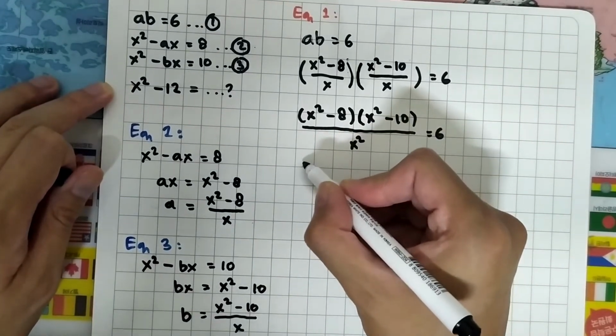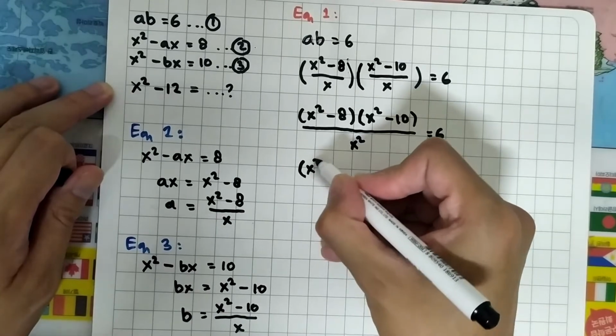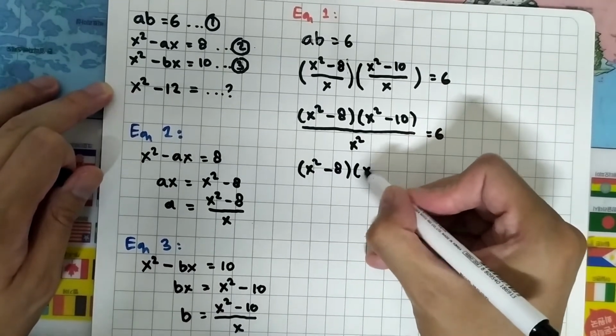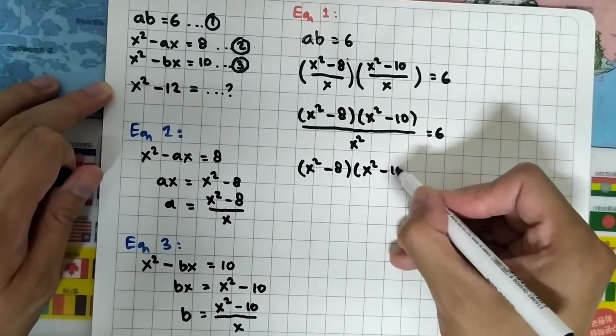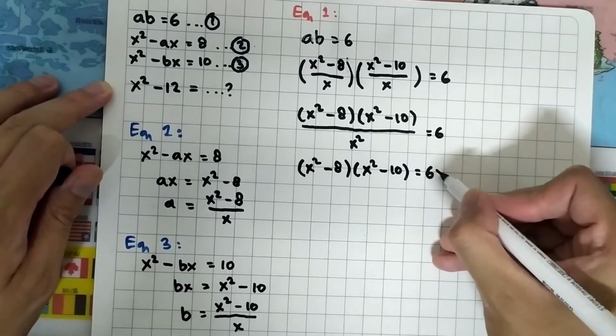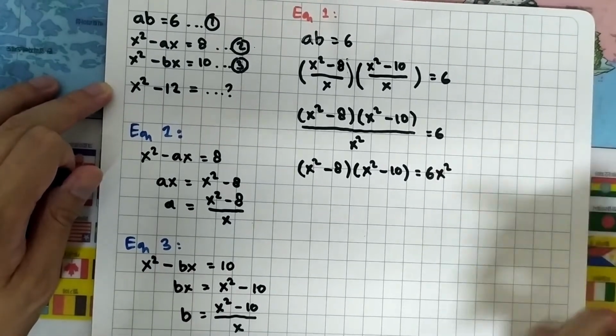We have x squared minus 8 times x squared minus 10, and that will equal 6 x squared.